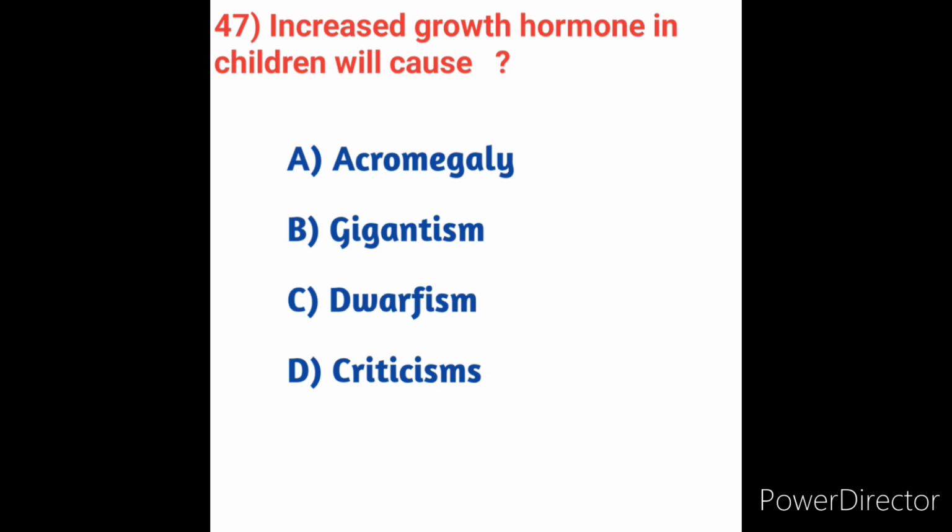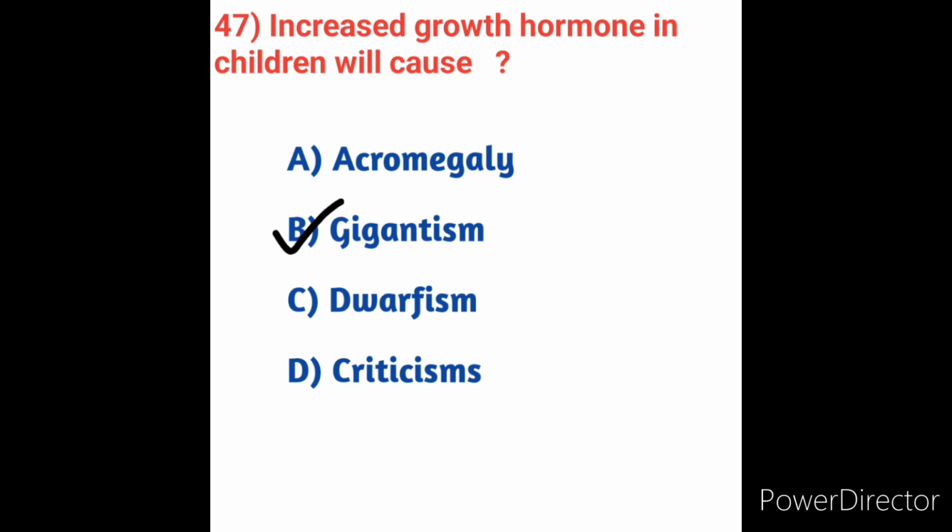Increased growth hormone causes gigantism. Gigantism occurs in patients who had excessive growth hormone in childhood. It can lead to many changes in the body. So here increased growth hormone in children will cause gigantism. Option B is the correct answer.